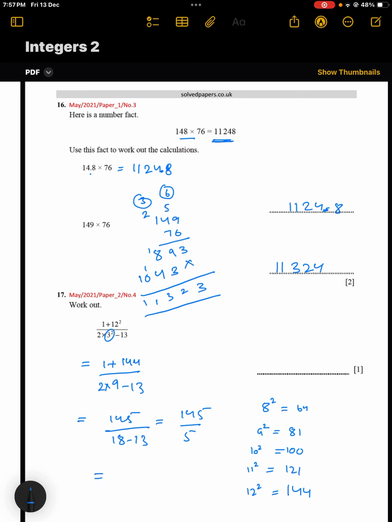So we'll go with the table of 5. 5 times 1 is 5, 5 times 29 will be 145. So 29 is the answer. It was simple and easy simplification. Moving to next question.